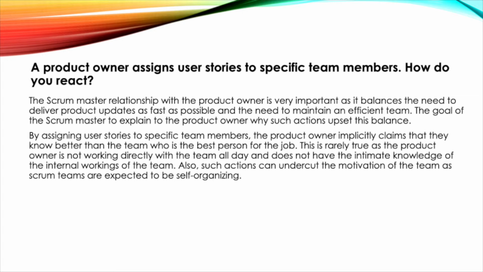By assigning user stories to specific team members, the product owner implicitly claims that they know better than the team who is the best person for the job. This is rarely true as the product owner is not working directly with the team all day and does not have the intimate knowledge of the internal workings of the team. Also, such actions can undercut the motivation of the team as Scrum teams are expected to be self-organizing.